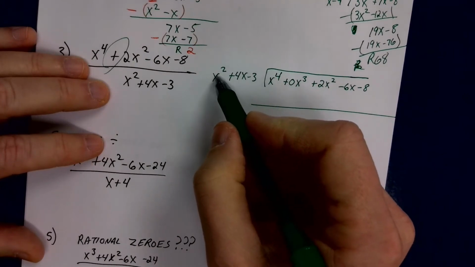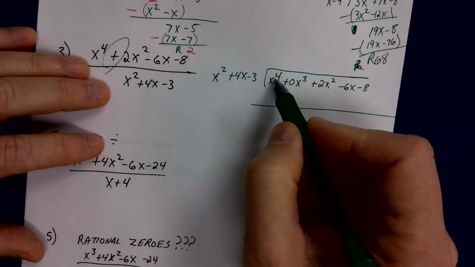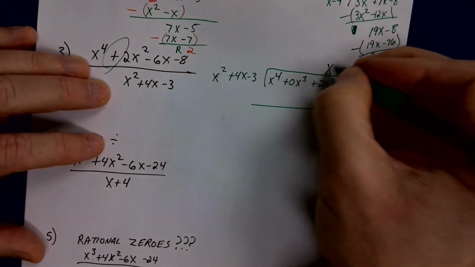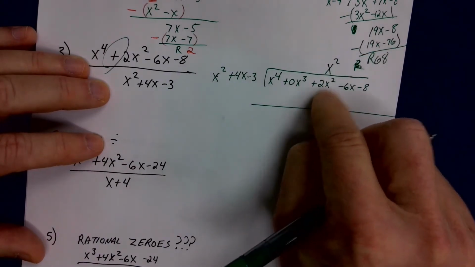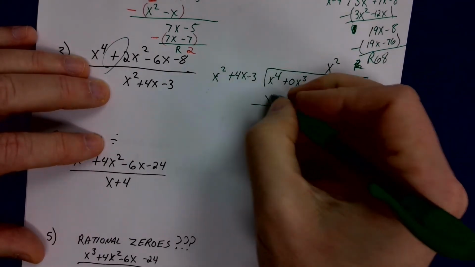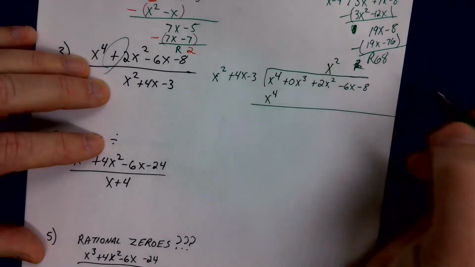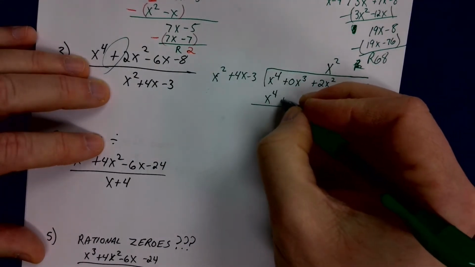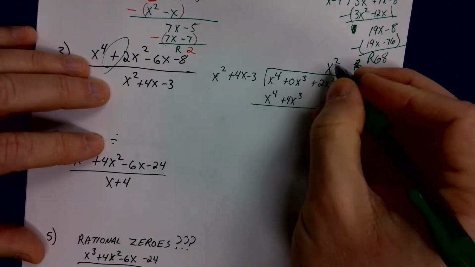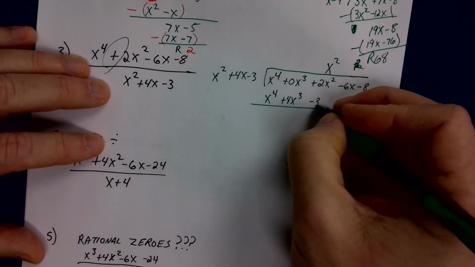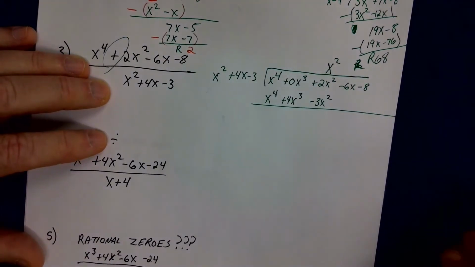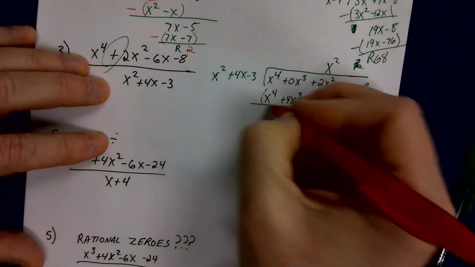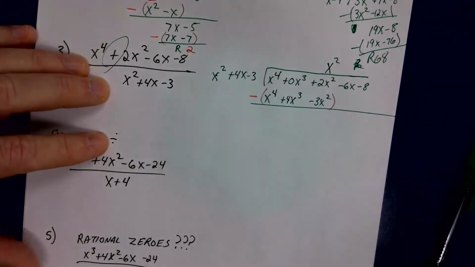So what do I have to multiply x squared to get x to the 4th? Well, that's x squared, and I put it over the x squared term. X squared times x squared is x to the fourth. X squared times 4x is 4x cubed. X squared times negative 3 is negative 3x squared. Now, all of this again becomes subtracted.